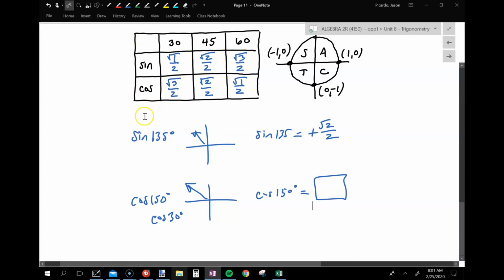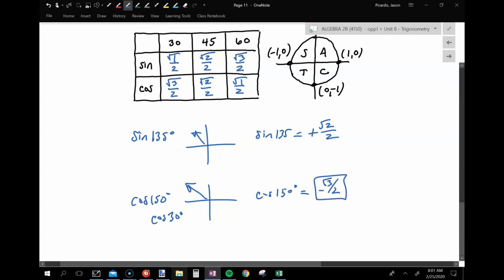Well, what is cosine of 30? Radical 3 over 2? In this quadrant, what's positive? What letter is there? S. So what do you think is positive? Sine. What do you think cosine is? Negative.